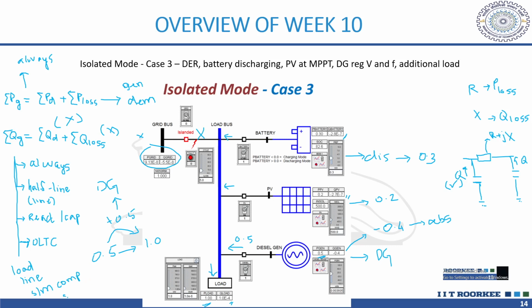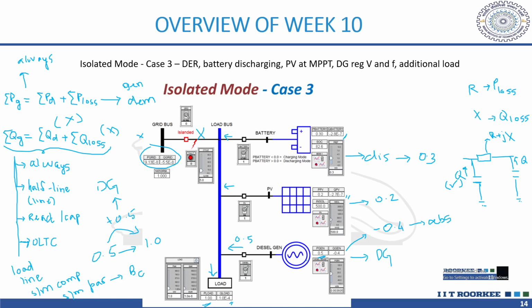It will also depend upon the system parameters, this half-line charging that we talked about, BC. So due to all these, writing a straightforward Q balance equation is not as simple as for P, because the P sources are limited in the system, but for Q, it is very dynamic.